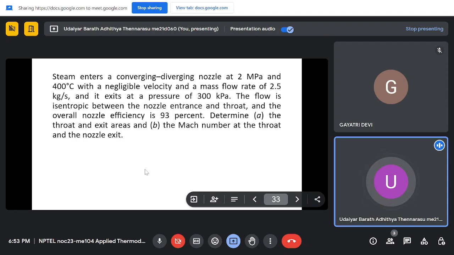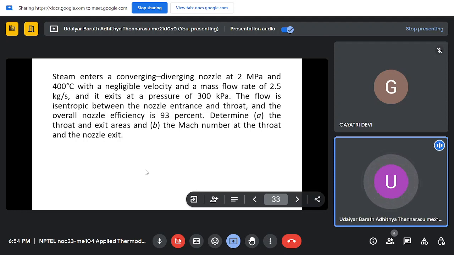So your inlet pressure is 2 megapascal and temperature is 400 degrees Celsius, velocity V1 you can neglect, and it is expanding to 300 kilopascal. The nozzle efficiency is given as 93%.